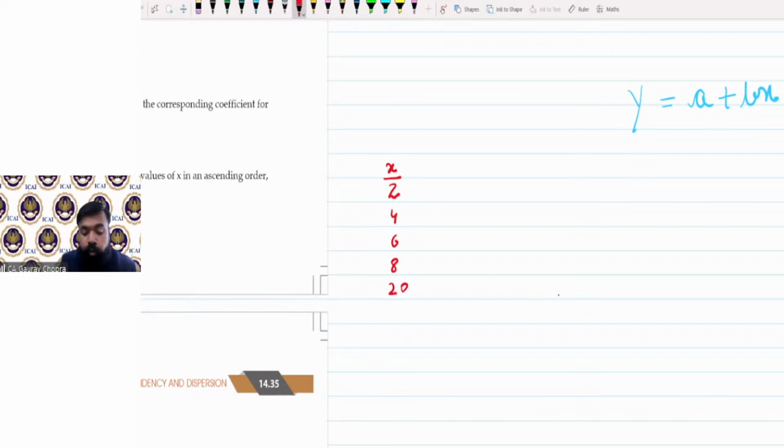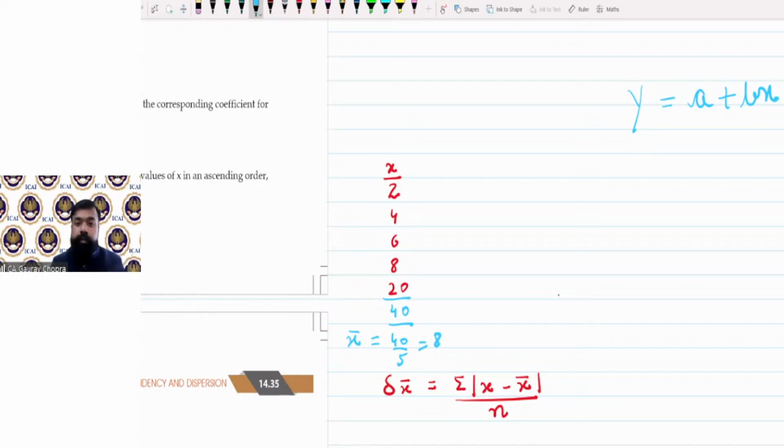The formula is sigma mod x minus x bar upon n. For this, we have to calculate the arithmetic mean first. The total will be 40 here, and x bar will be 40 divided by 5, that is 8. So 8 becomes the arithmetic mean.